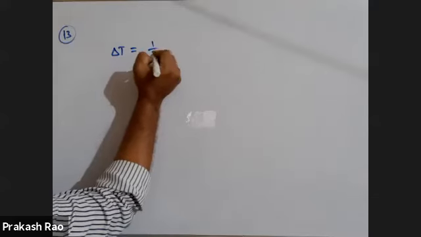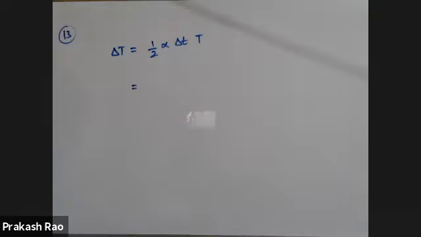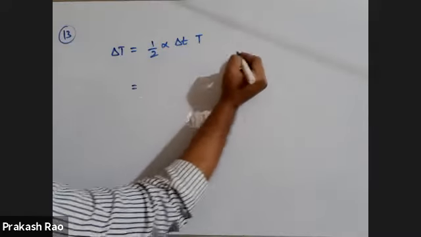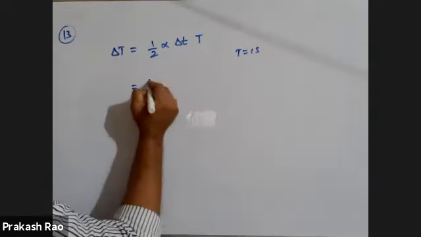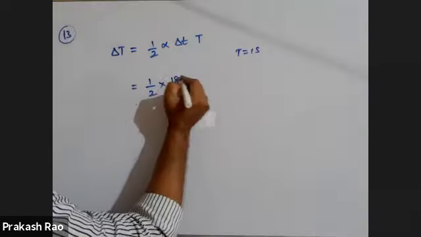So time gained or time lost, delta t is equal to half of alpha into delta T into capital T. He is asking what is the time gained or time lost, number of seconds gained or lost per second. Per second means T is equal to 1 second. The alpha value given in our problem is 18 into 10 power minus 6.